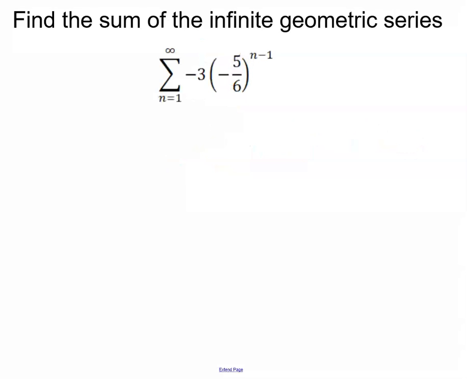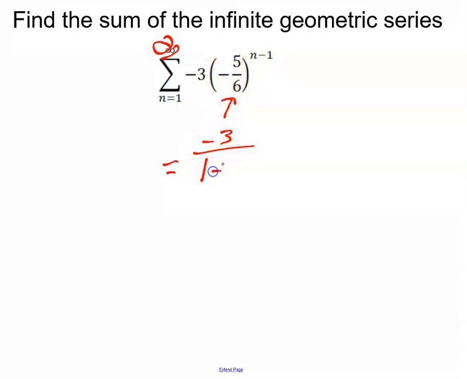Alright, so we've just got a couple more examples of that. Here we've got another one. Again, it fits that geometric format, so we know it's a geometric sequence. We're going to infinity, so we need to make sure that this is between -1 and +1, which it is. So we need to find the first term. When n equals 1, that's 0. Anything to the 0 power is 1. -3 times 1 is -3.